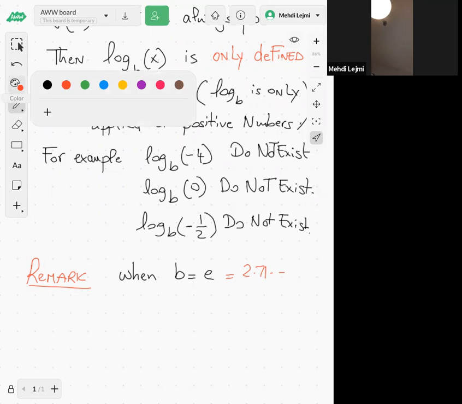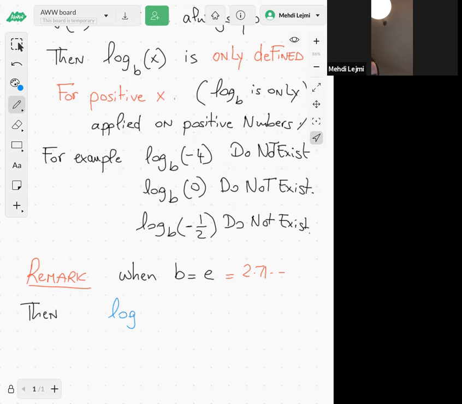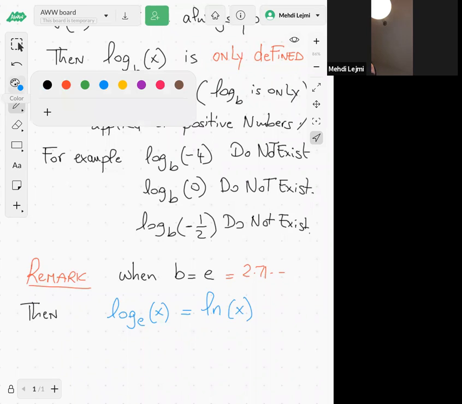Then the log in base e of x is denoted by ln of x.